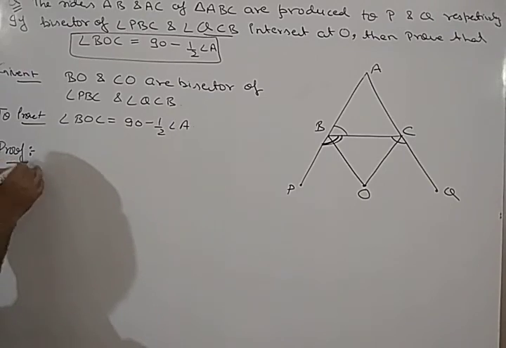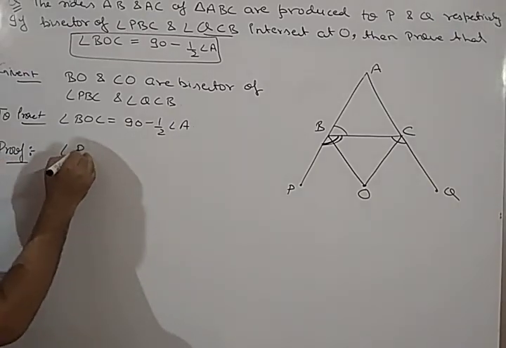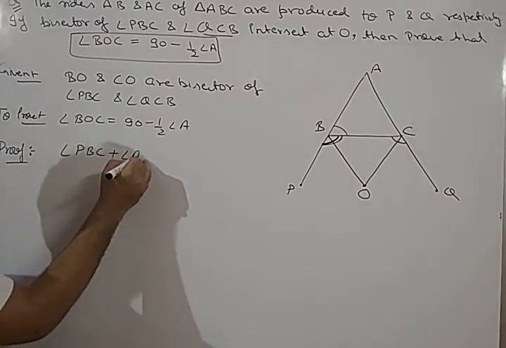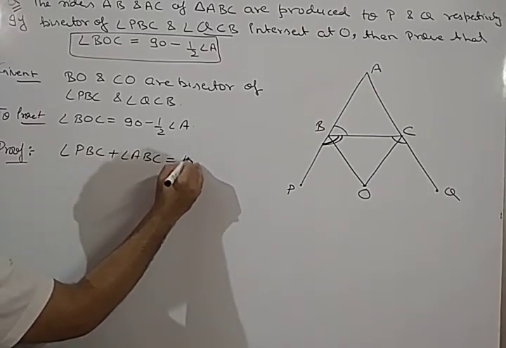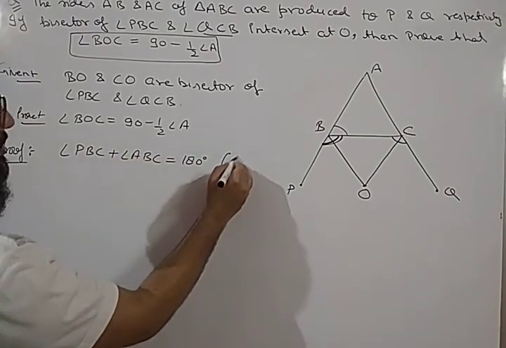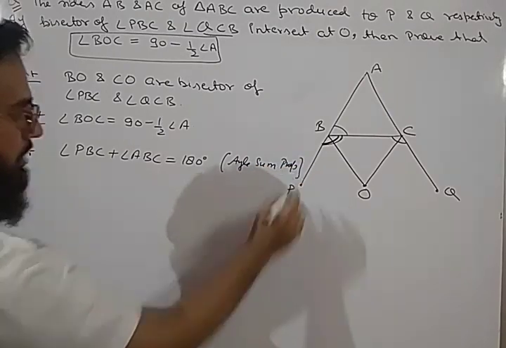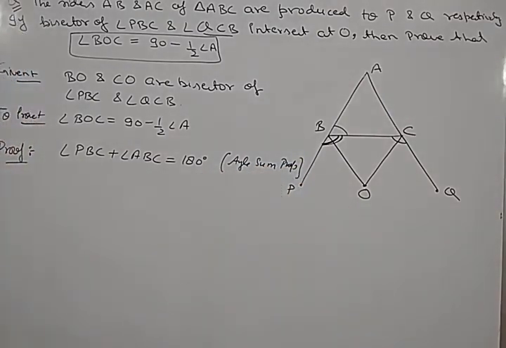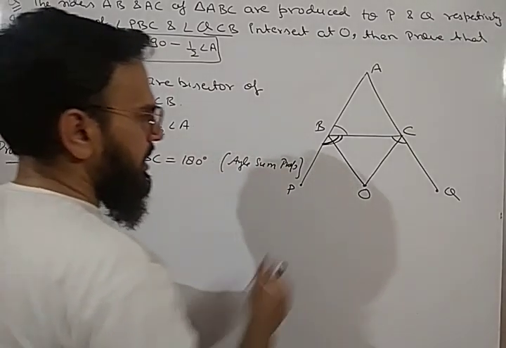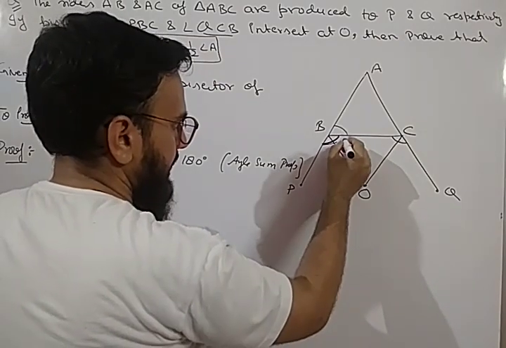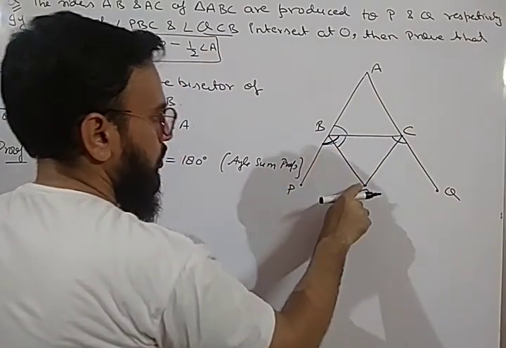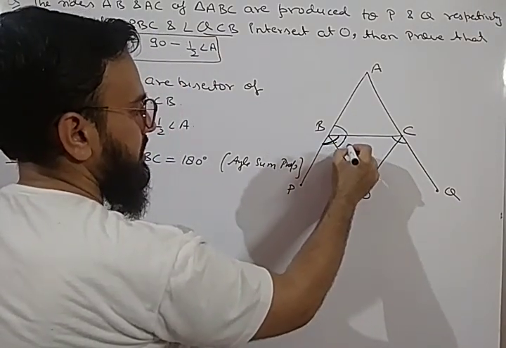Proof. Angle PBC plus angle ABC will be equal to 180 degrees by the angle sum property. Now consider angle OBC, which I take as angle 1.